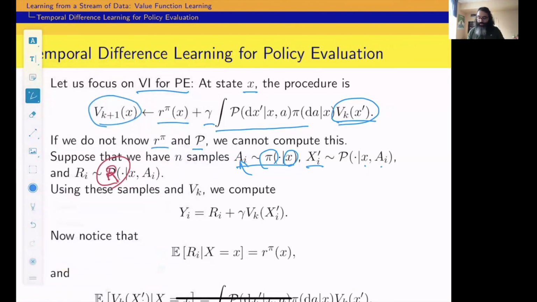Also we get a reward, depending on the reward distribution conditioned on x and a_i. So we can define these things.